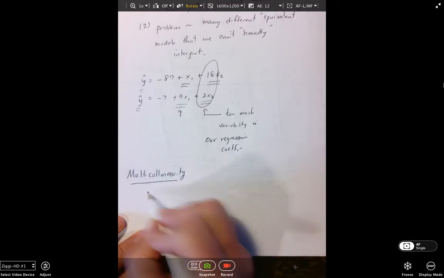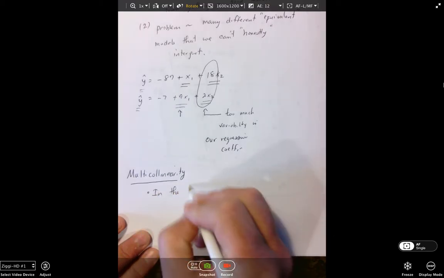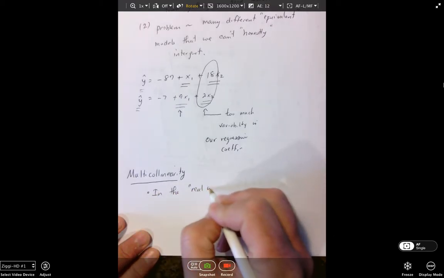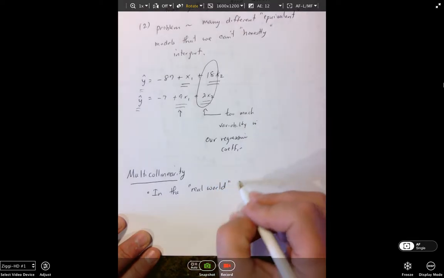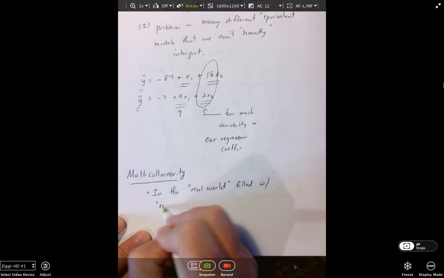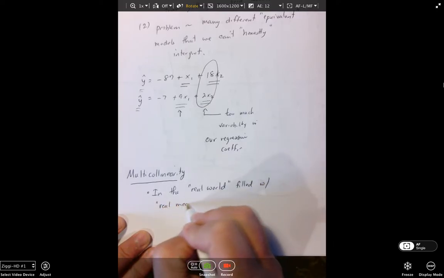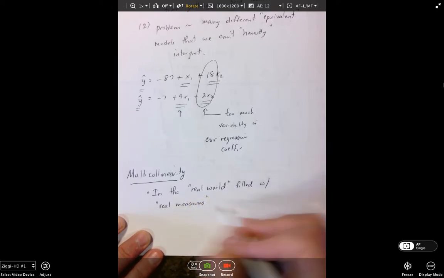One thing I want you to think about is in the real world. It's kind of weird because we're clearly in the real world, filled with real data. Rarely do we find this.